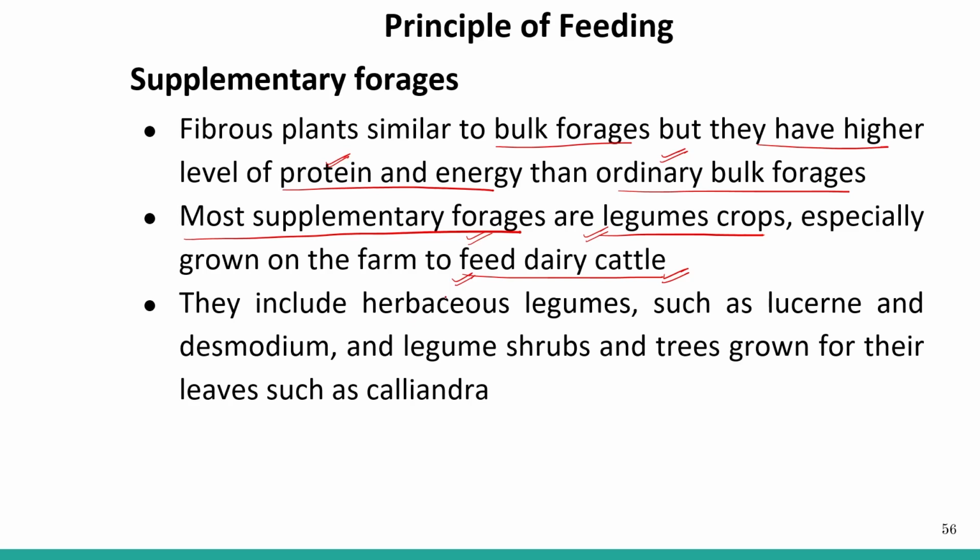They include herbaceous legumes such as lucerne and desmodium, and legume shrubs and trees grown for their leaves such as Calliandra. So these are some of the plants that are used as supplementary forage.